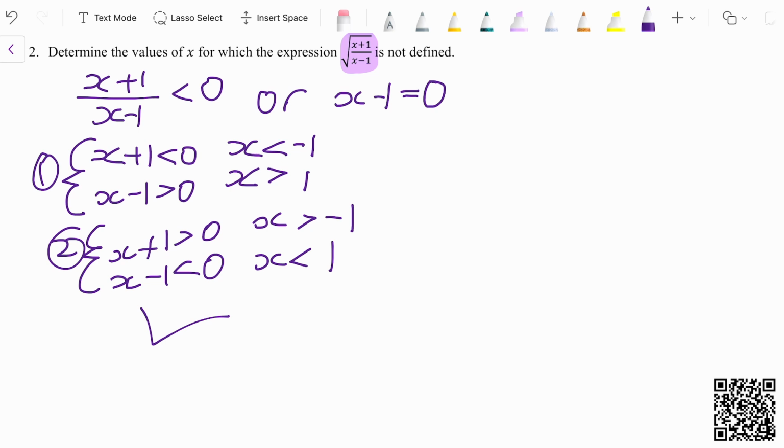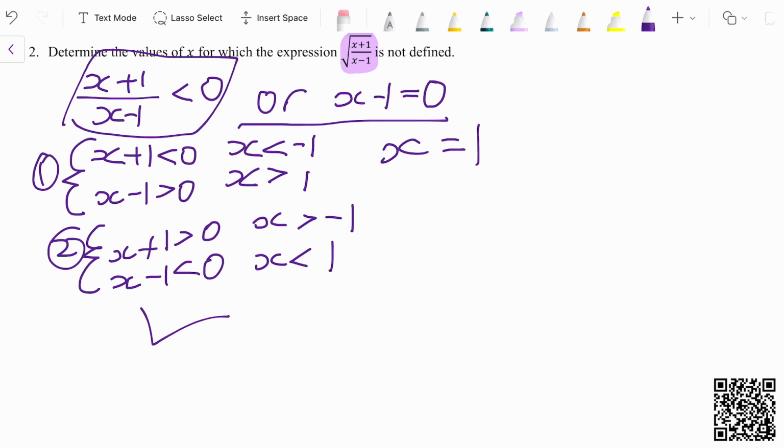So now that we've gotten this part sorted out, we can start looking at the other part: x minus 1 is equivalent to 0. This one is pretty simple. You just move the 1 to the other side. So when x is equivalent to 1, it also is undefined. So now we can write out something that, if it fits these standards, then it is undefined.